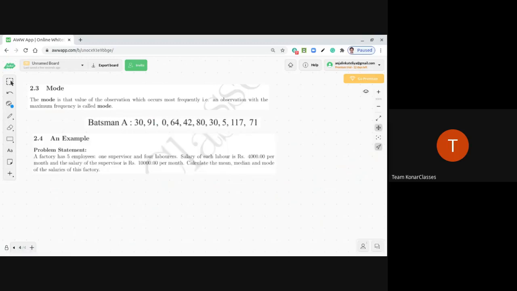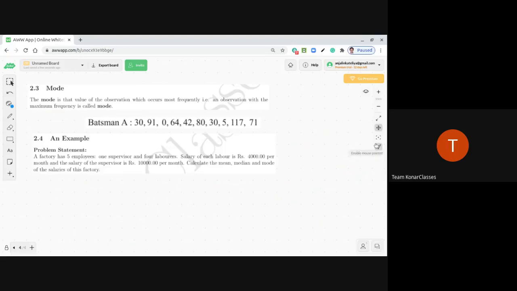So there are 4 laborers and 1 supervisor, which makes 5 employees. The salary of each laborer is 4,000 rupees per month and the salary of the supervisor is 10,000 rupees per month. Calculate the mean, median and mode of the salaries of this factory.